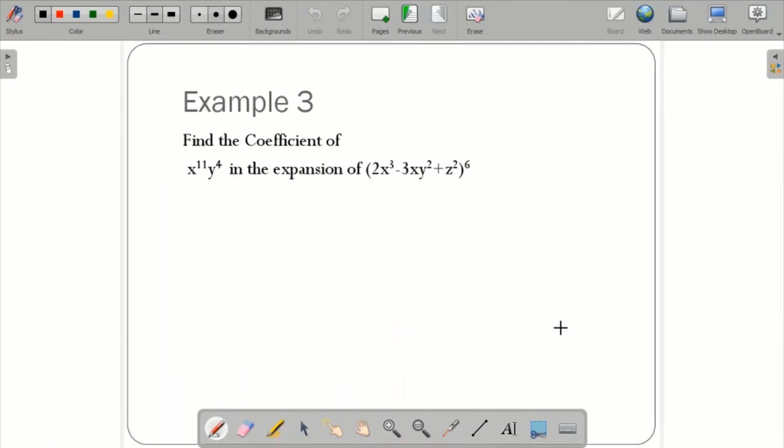Now let us solve example 3. In example 3, find the coefficient of x to the power 11 and y to the power 4 in the expansion of 2x cube minus 3x y square plus z square to the power 6. So let us solve in the new page.